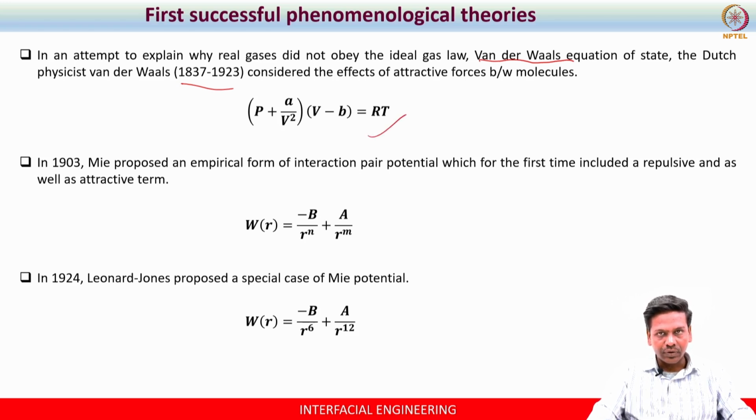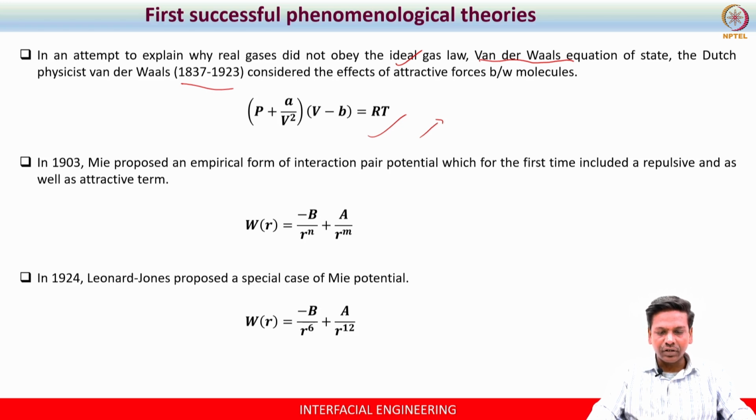This is the van der Waals equation of state for real gas. This was the first theory that came into existence for predicting the PVT relations of real gas, right? It was modified from the ideal gas law, and in this equation, two aspects were covered.